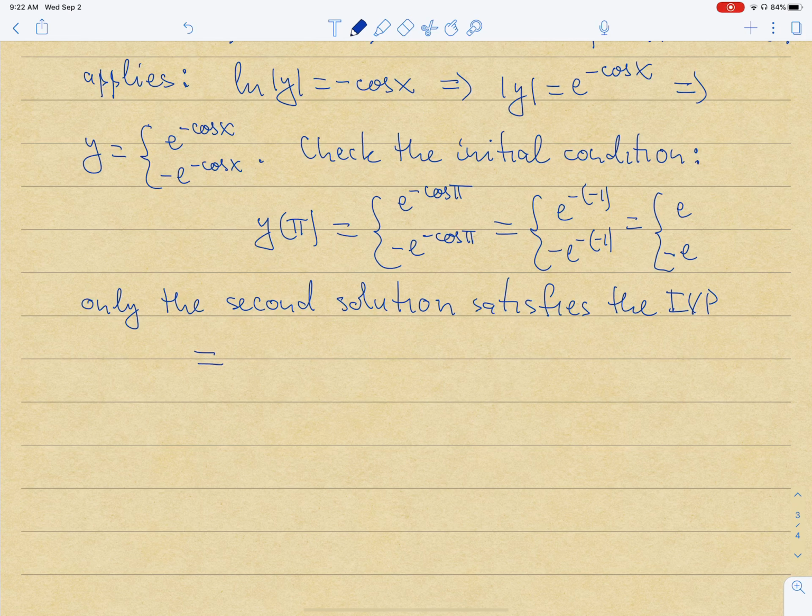And so therefore y of x should be equal to minus e to the minus cosine of x. So there is a single solution to this initial value problem.